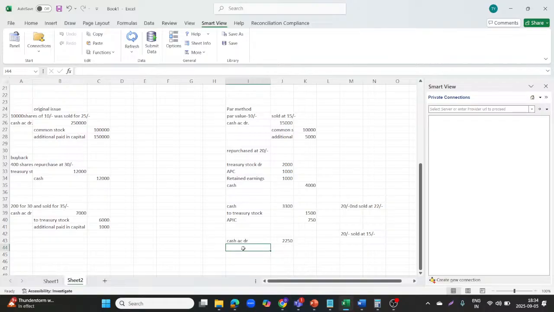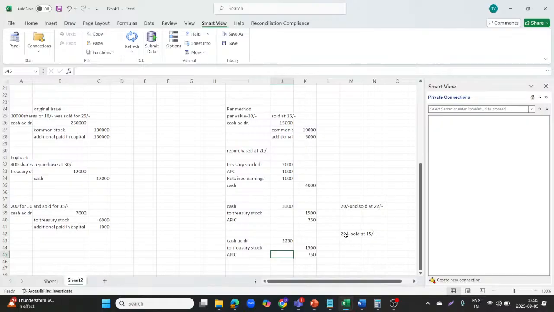Treasury stock account credit, 150 again into par value, and the remaining, 2250 minus 1500, 750 will be APIC. Accordingly it gets varied. Anyway, treasury stock will always be shown at the par value.